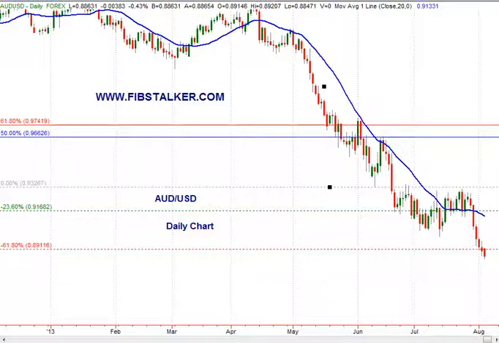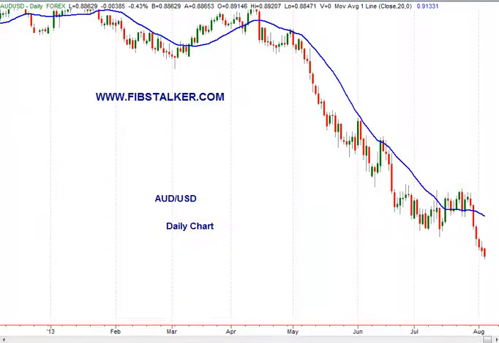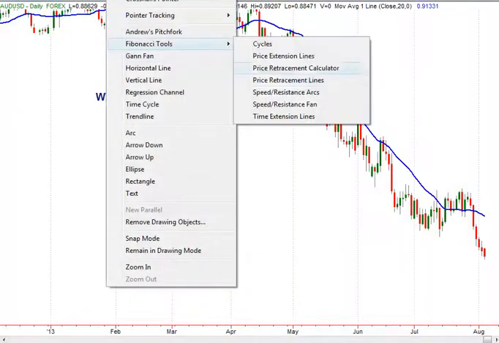Now, as for this short setup with a resistance area starting at 0.9662, this move is completed.